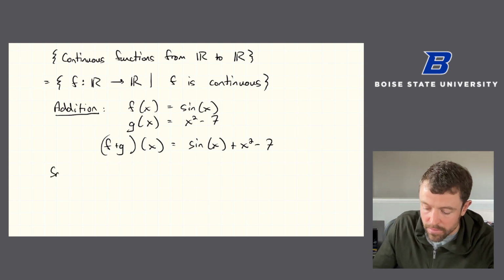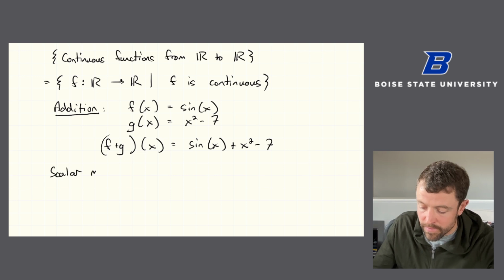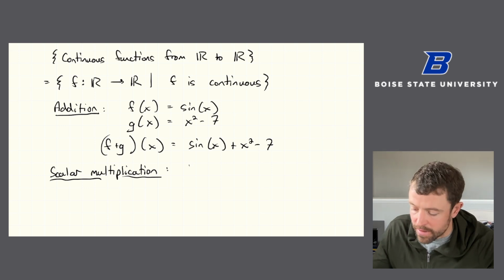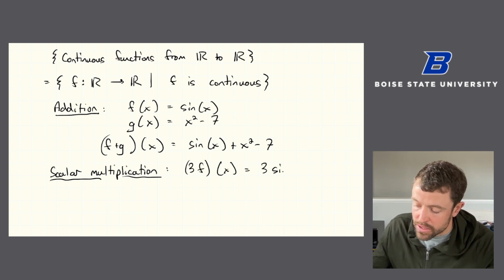We also have scalar multiplication. Again, this is scalar multiplication, right? We're not multiplying functions by each other, but if I again use my example of f of x is sine x, then 3f of x is just 3 sine x, and we have 0.